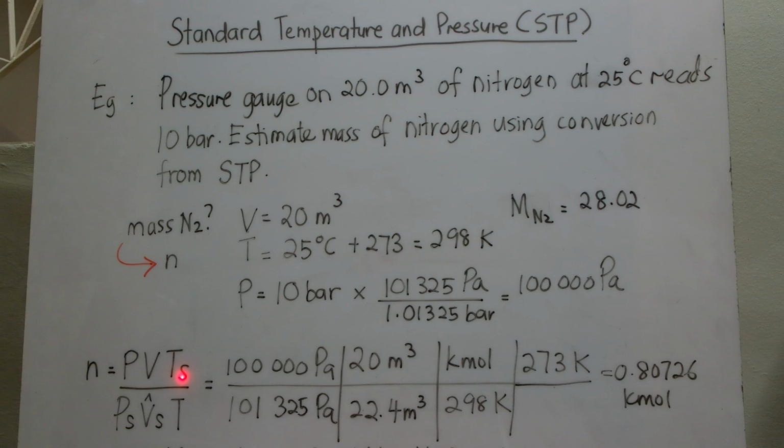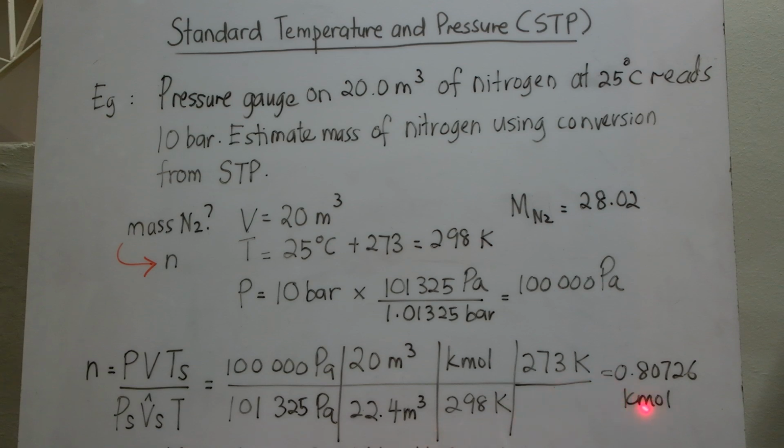We know from the previous table, T standard is 273 K because the reference temperature is 0 degrees C, or equivalent to 273 K. And for pressure, it is 1 atm, which equals 101325 Pascal. The specific molar volume for SCM is 22.4 cubic meter per kmole. And then we put in the absolute temperature for this system.